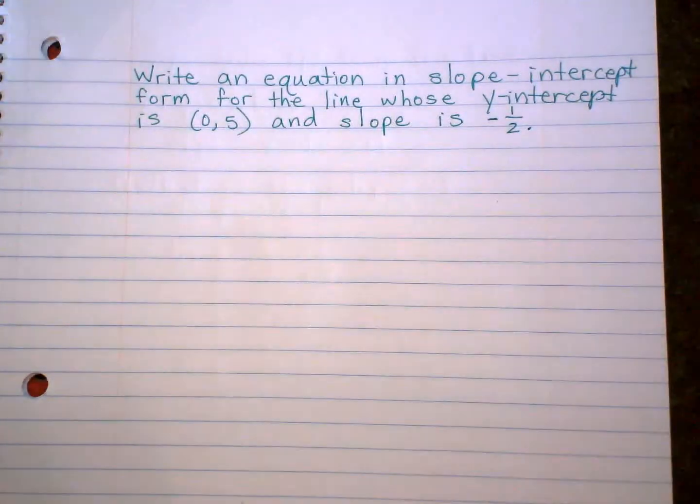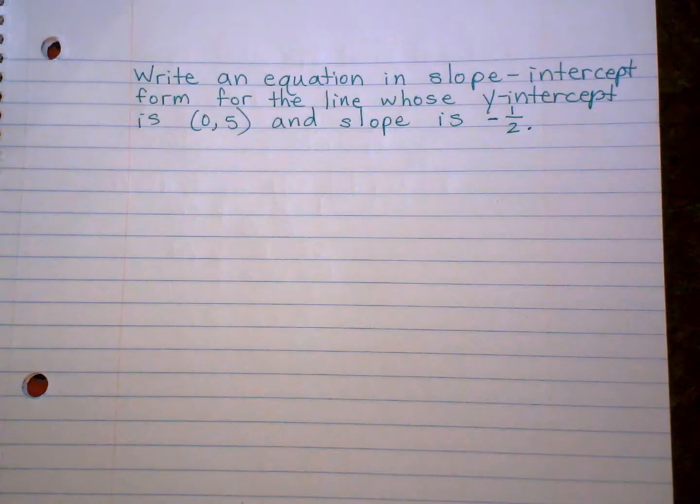Okay, so write that down. Write an equation in slope-intercept form for the line whose y-intercept is 0, 5 and slope is negative 1/2.